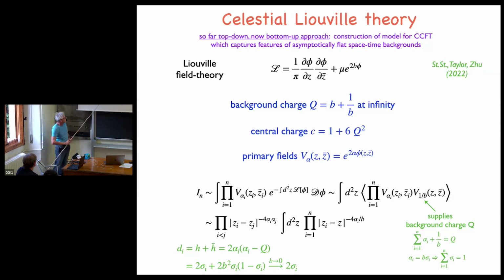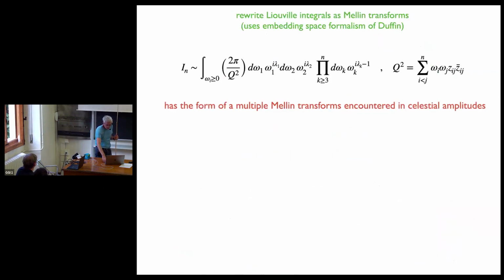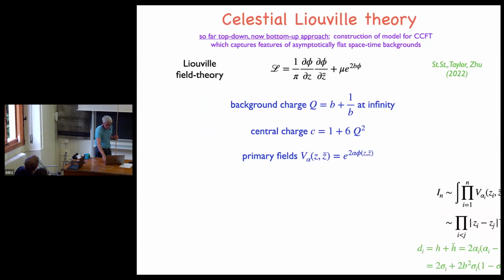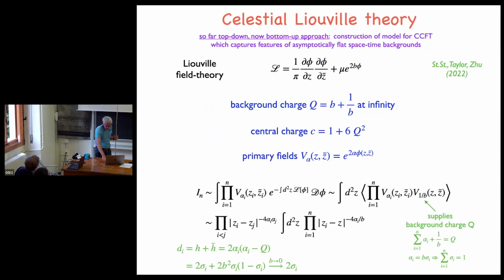But when you take this expansion b goes to 0, they take a simpler form, and they give you nice expressions. And indeed, that is what we did, you can take these integrals. So this correlator gives you this. This is the Liouville theory.